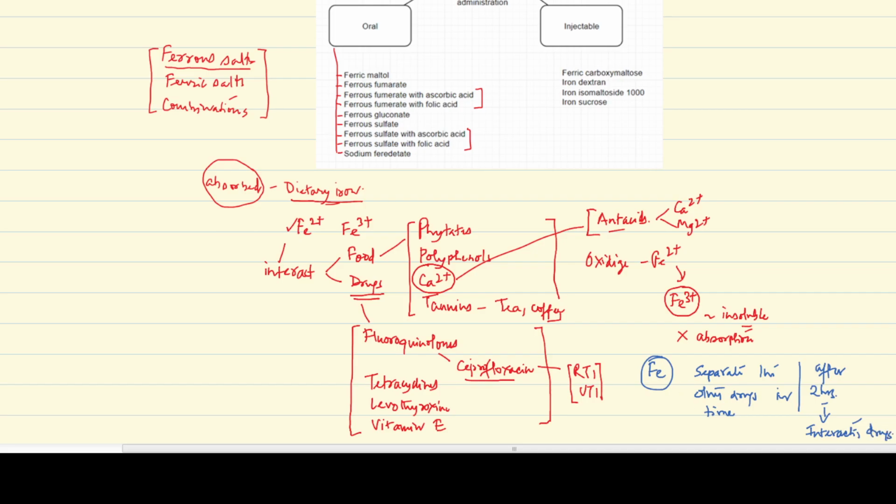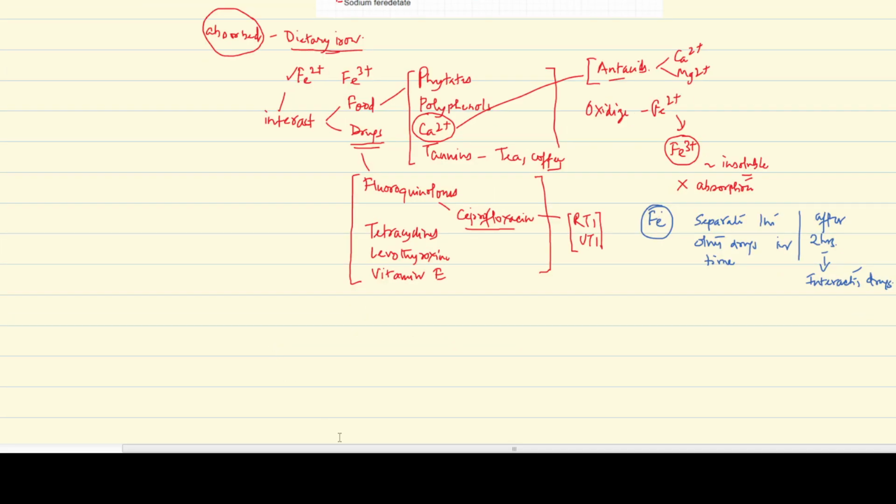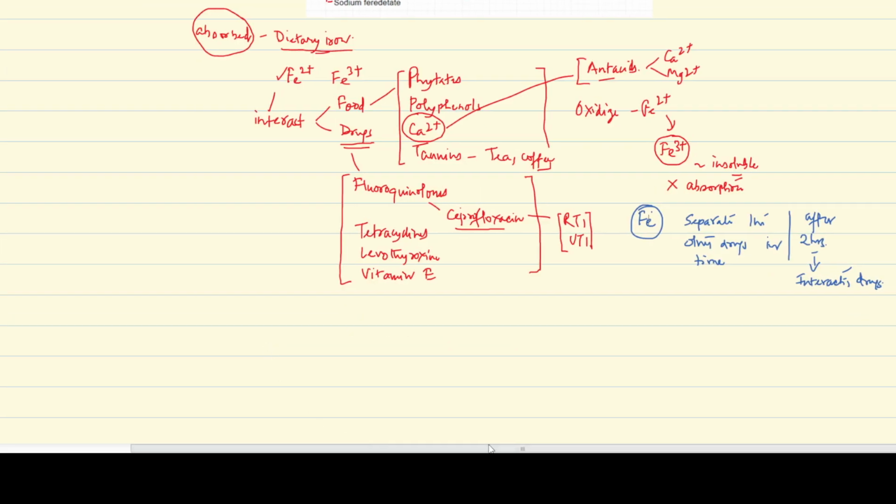This 2 hours gives the body ample time to absorb whatever is there from the preparation into the blood. So that's one point to be kept in mind. That's the solution for us.